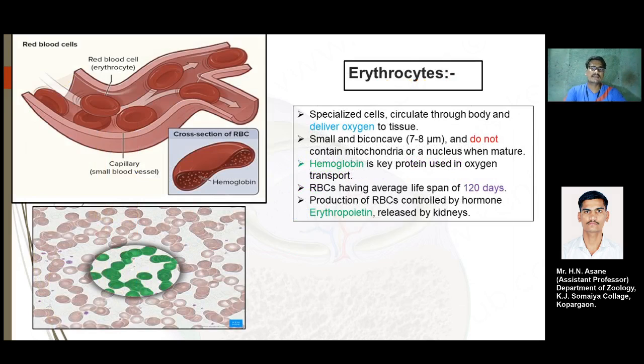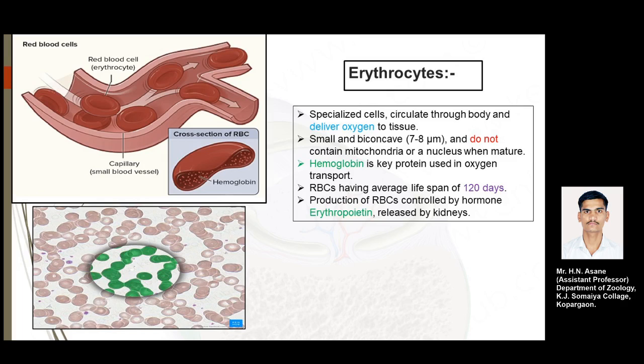Next part: the erythrocytes, or the red blood corpuscles, or the red blood cells. We are focusing on the red blood cells. The red blood cells are specialized cells circulating through the body, and they deliver oxygen with the help of hemoglobin.